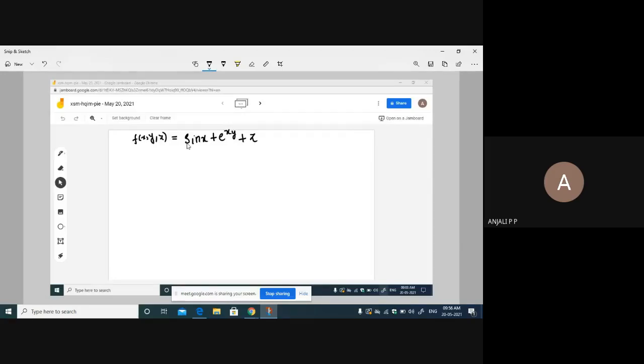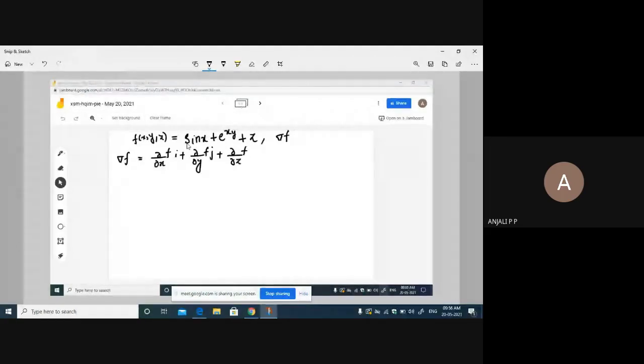We have to find del f. So first you have to write the formula for finding del f, that is, the gradient of f is equal to dou by dou x of f i plus dou by dou y of f j plus dou by dou z of f k.